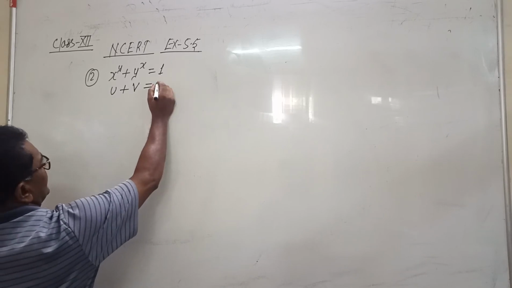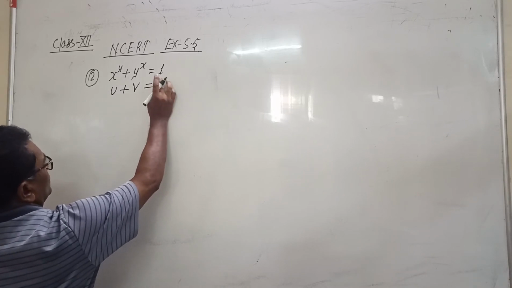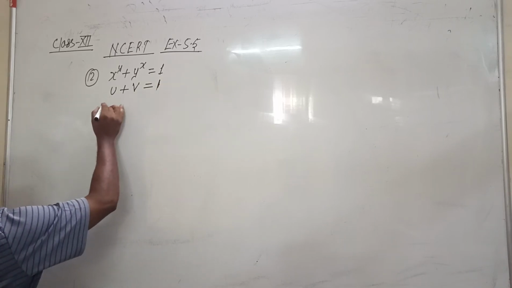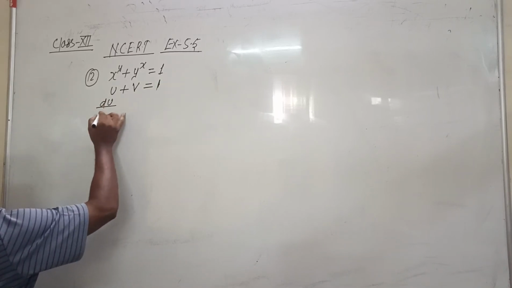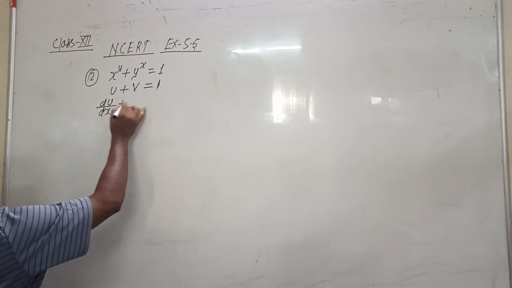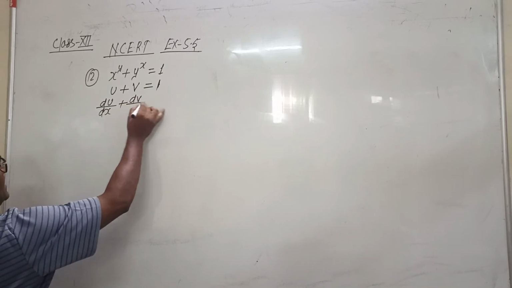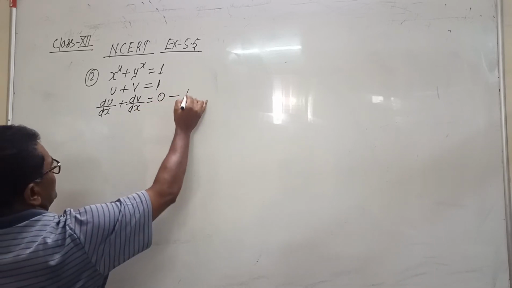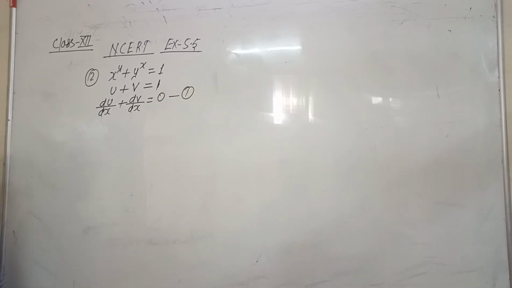So differentiation of u is du by dx plus dv by dx, and differentiation of 1 is 0 because 1 is a constant term.